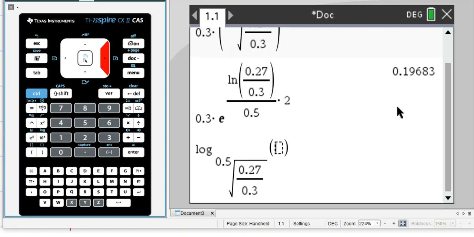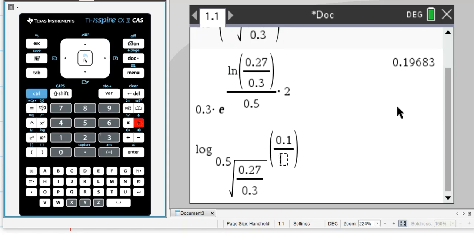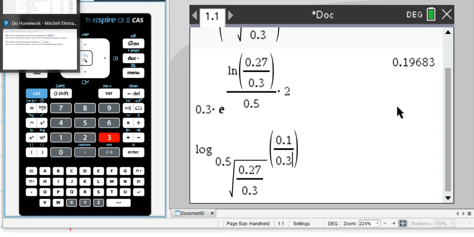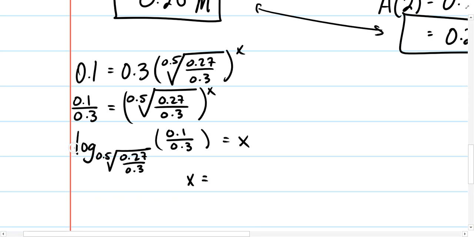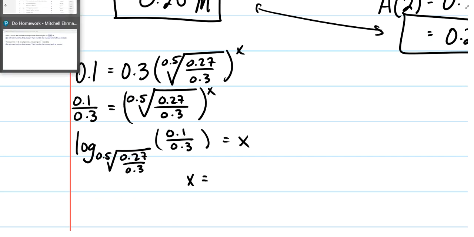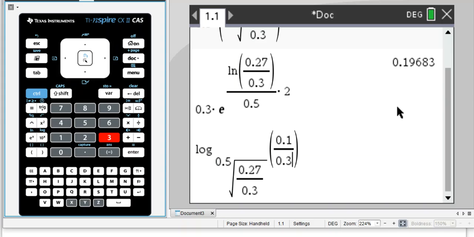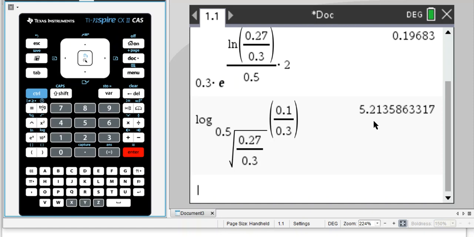And we're going to evaluate this at the fraction 0.1 over 0.3. Let me just double check that I've got the setup here. Logarithm base 0.1 over 0.3. I think that looks pretty good. And now when I press Control Enter, we obtain a result, 5.2135 hours.